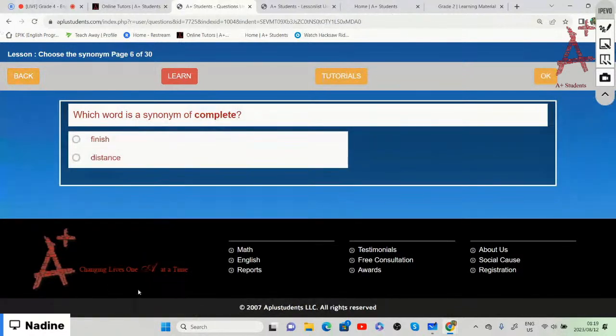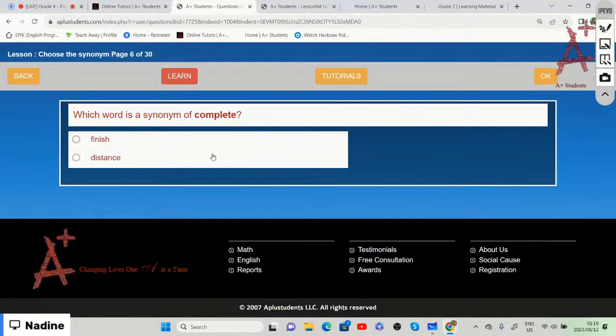All right, so which word is a synonym of complete? Is it finish or distance? I completed my task. It's the same as saying I finished my task, right?